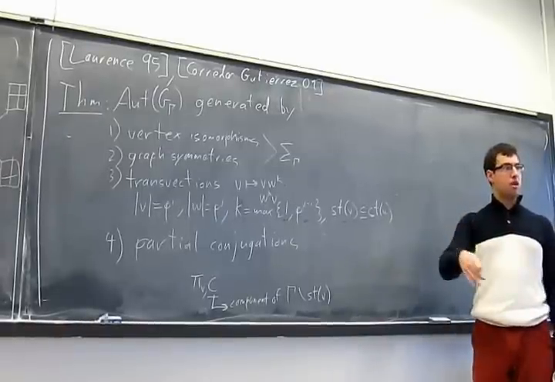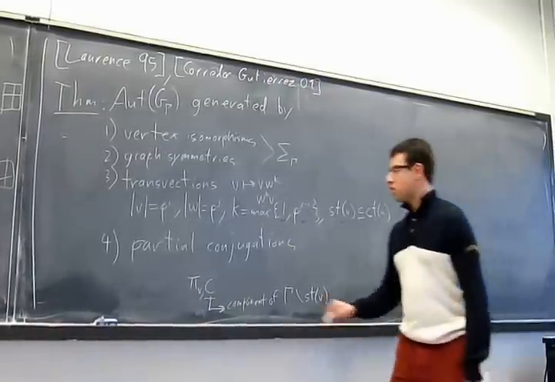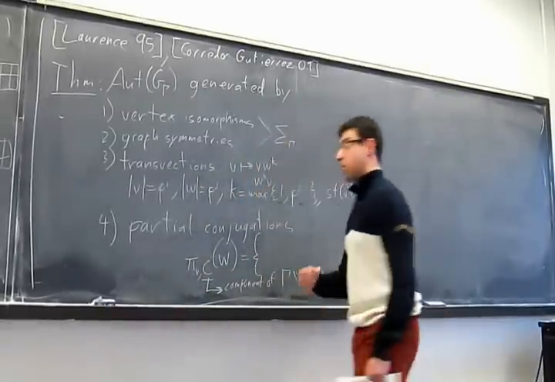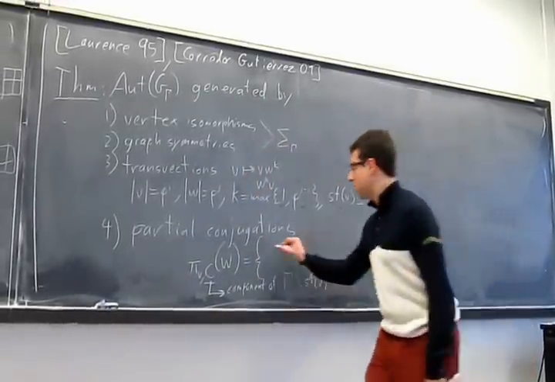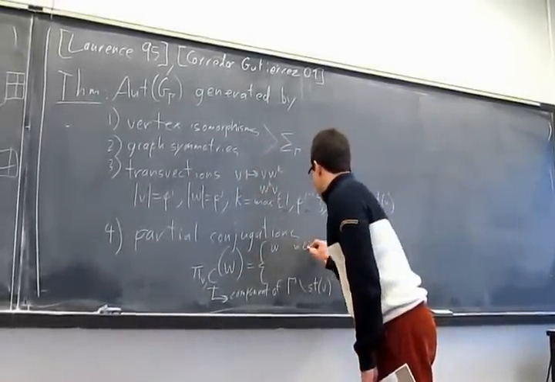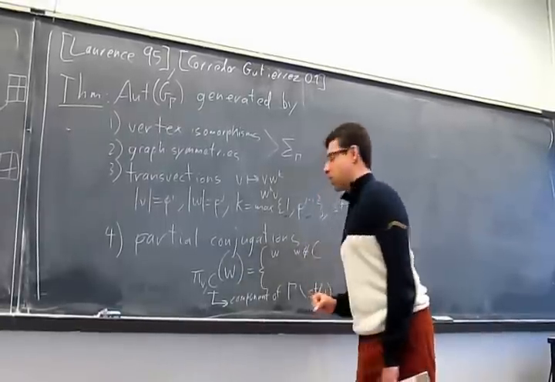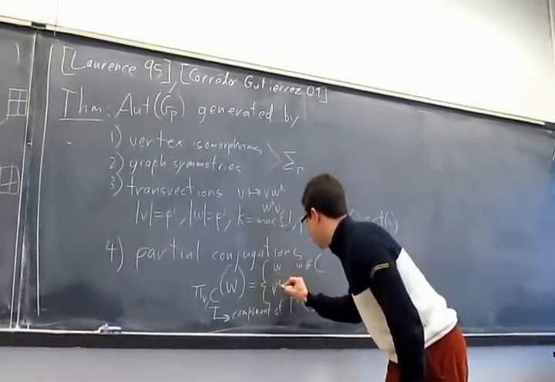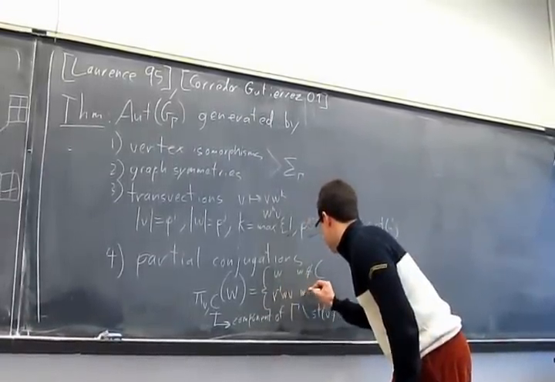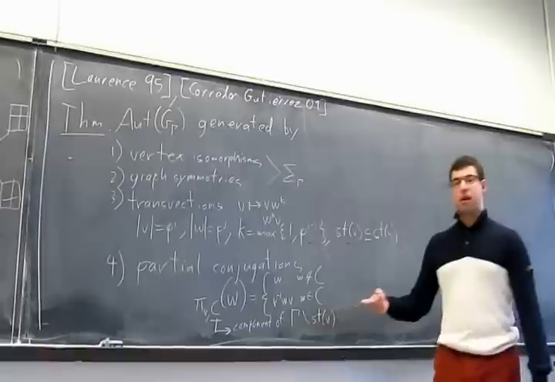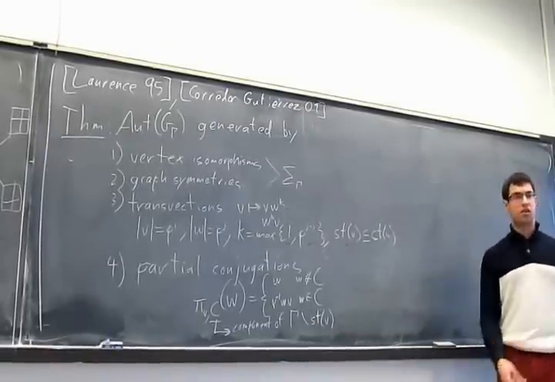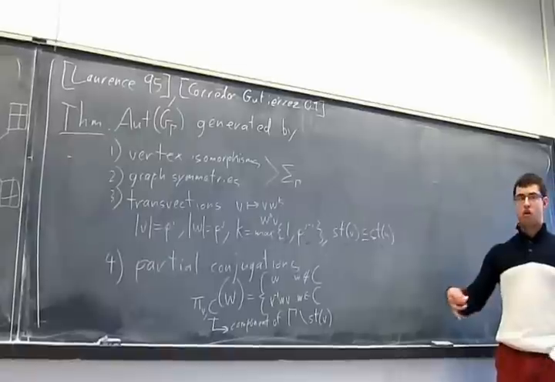For each component, we're going to get a partial conjugation. What this is going to do to some other generator is either leave it alone if that vertex is not in our connected component, or conjugate it by V if it is in the given connected component. Okay, so hence partial conjugation.